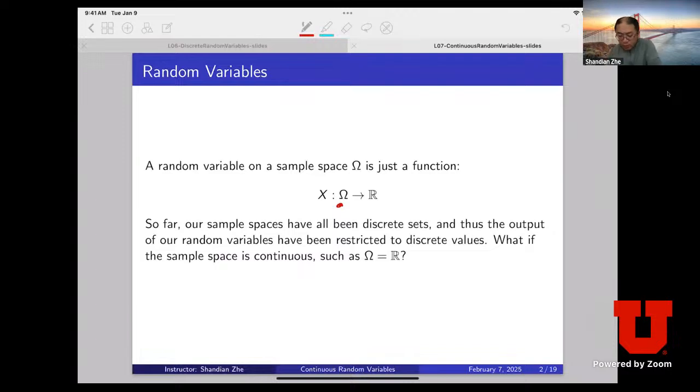And the sample spaces we have discussed so far are all discrete sets, if we remember, right? For the Bernoulli random variable, the sample space is just say heads and tails, right? Or 0, 1, whatever you name it. And for the binomial random variable or binomial distribution, the sample space is just the sequences of binary outcomes, right?